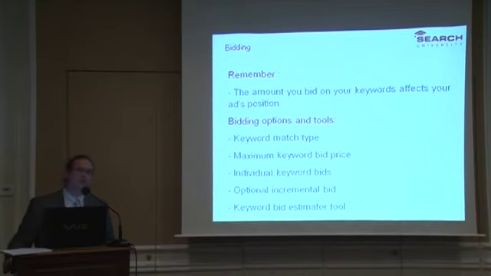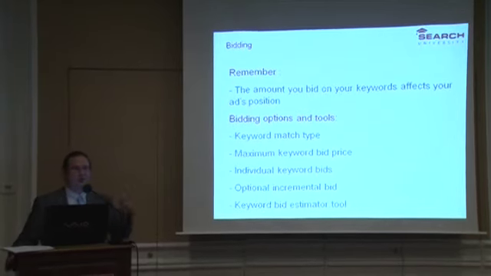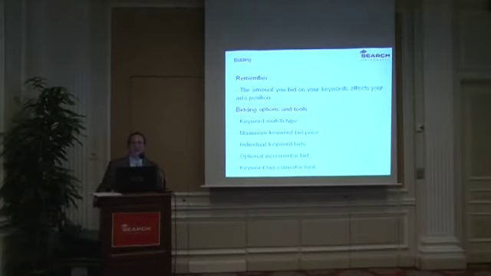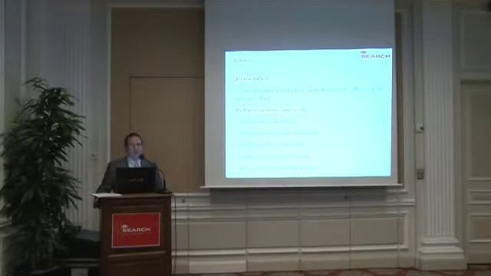As in AdWords, you will have three match options: broad, phrase, and exact. The difference in Microsoft Advertising is that you can choose all three matches for one single keyword. In AdWords, you have to enter three different keywords, one for each match. Here, you can just check the box, broad, phrase, and exact, and choose one bid for each match.